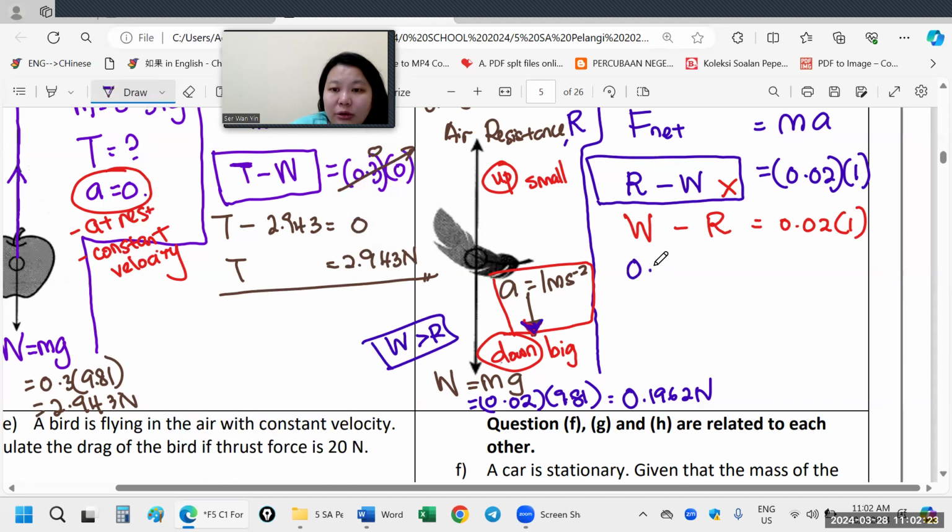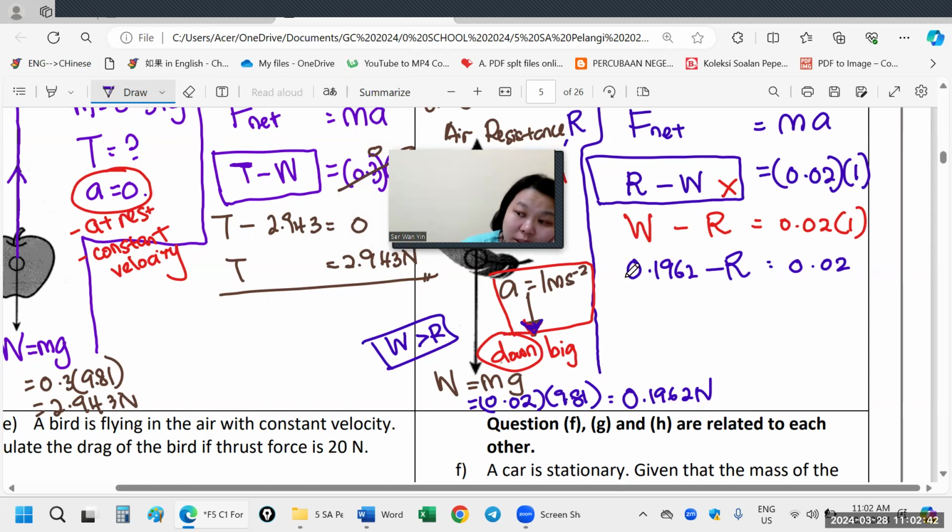So the weight is 0.1962 minus air resistance equals 0.02. So now next, what is your R? Can you press the calculator and tell me?